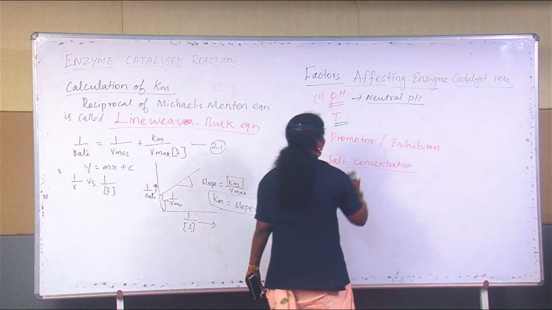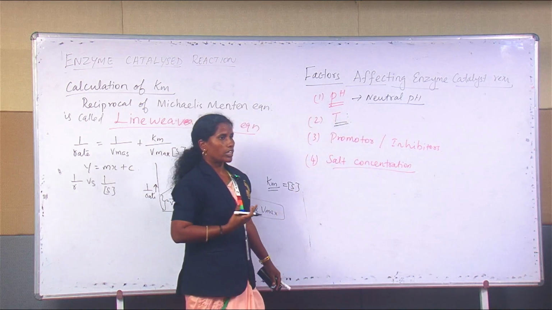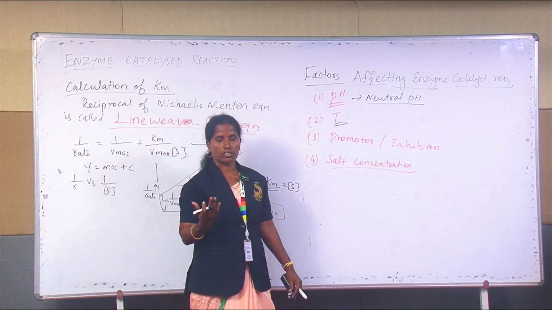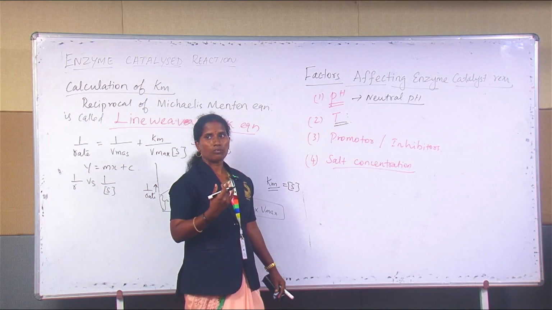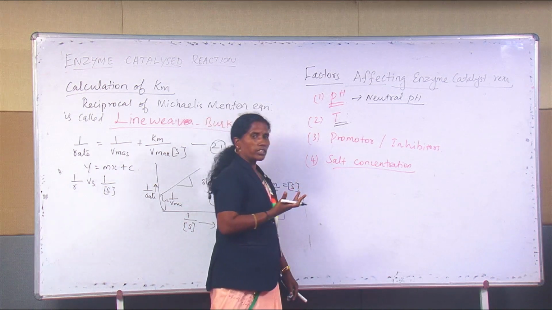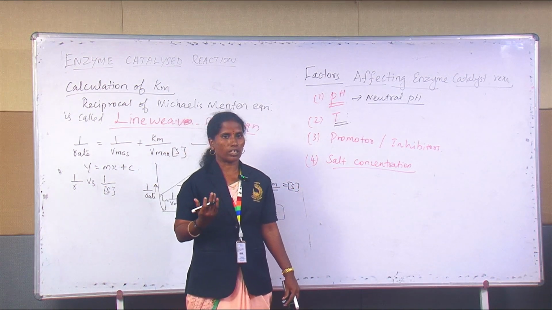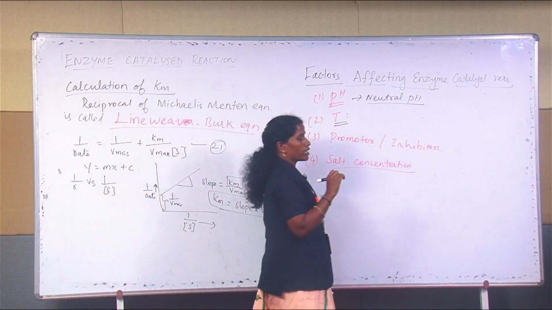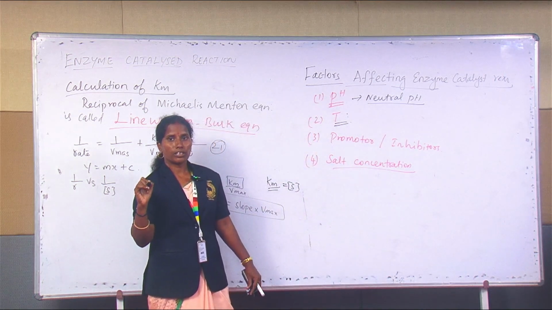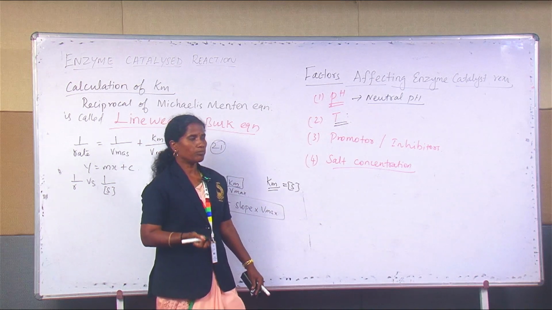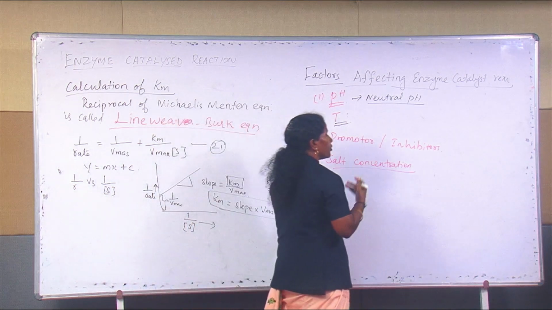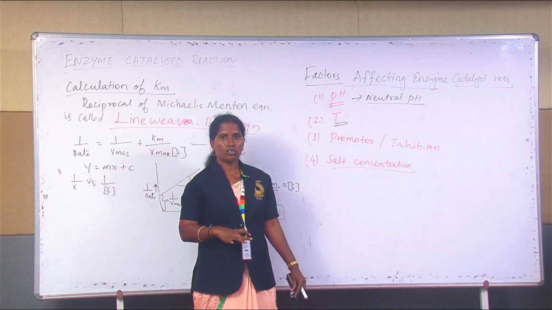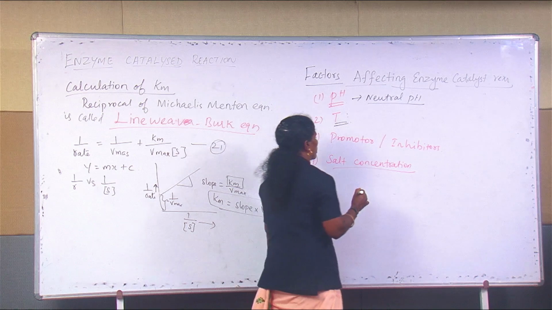If you increase the temperature, the rate of the reaction increases up to a particular temperature, whereas further increasing the temperature gives no increase in rate. At that particular temperature the rate is maximum, that is the optimum temperature. Beyond it, the enzymes get denatured.